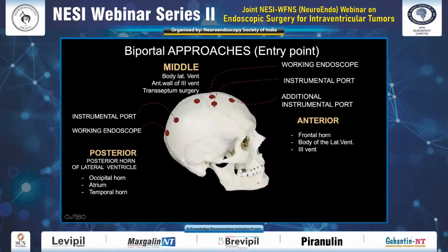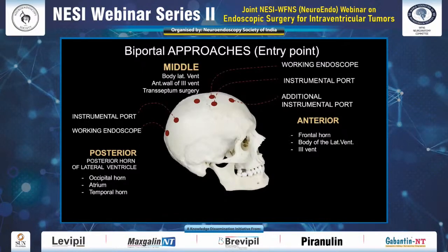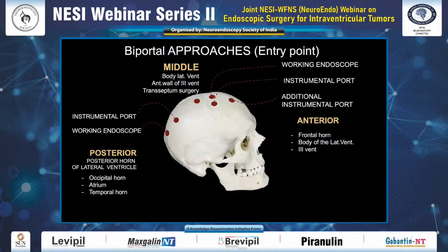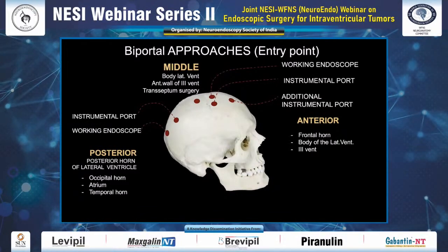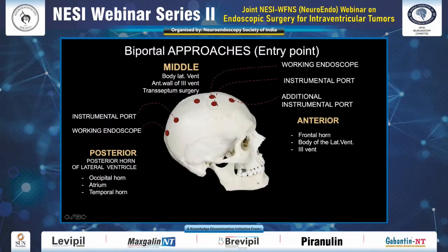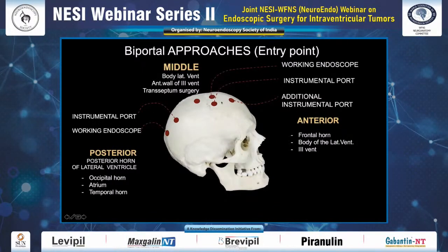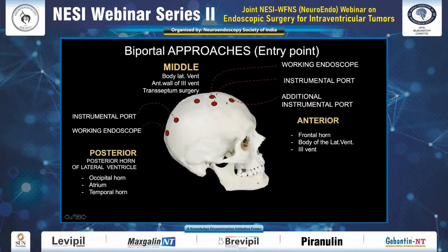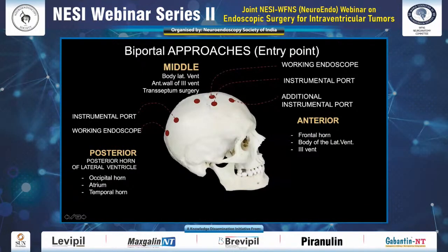Standardly we use this one and this one, but if necessary, in a difficult case with a lot of vascularization and so on, it's possible to create more. For example, 3 ports: 1 endoscope and 2 ports for instruments.